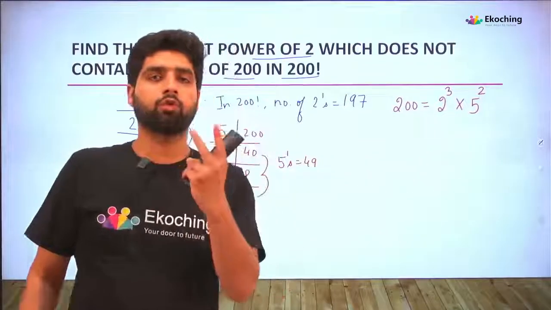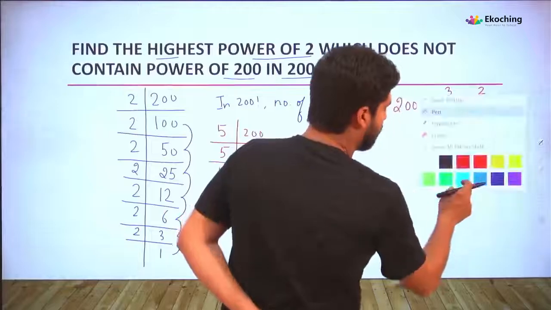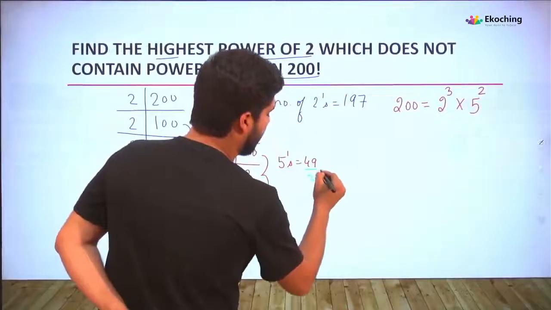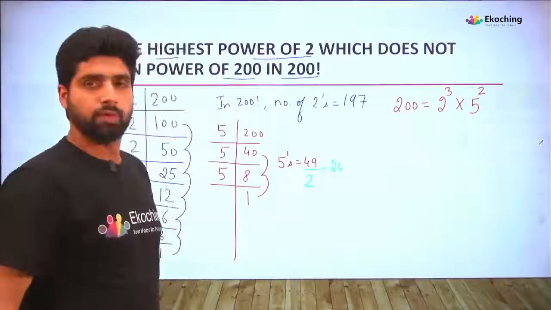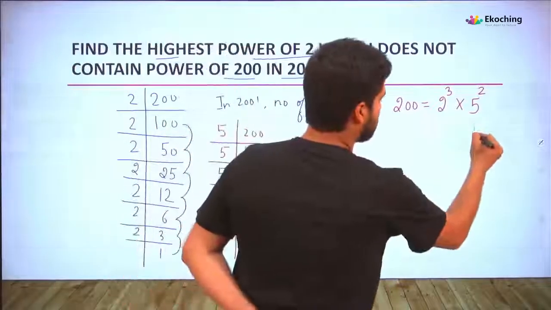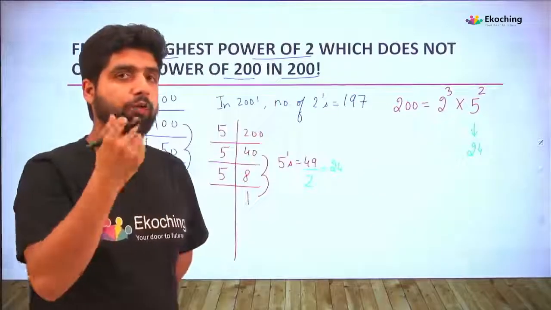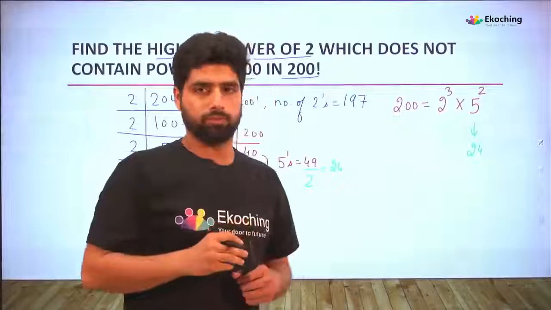When we take 2 fives together, so that means again dividing this 49 by 2, because we need a pair of 2 fives together, so we get 24 as a quotient here. So the number of 5 squares, or number of 25s, will be 24.